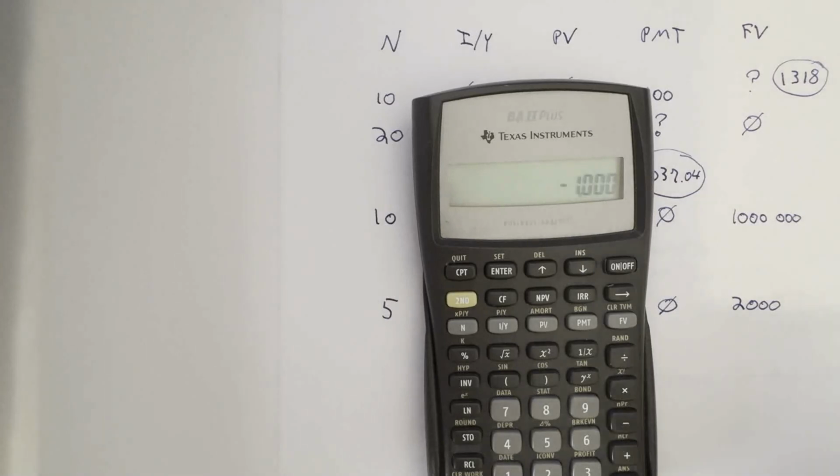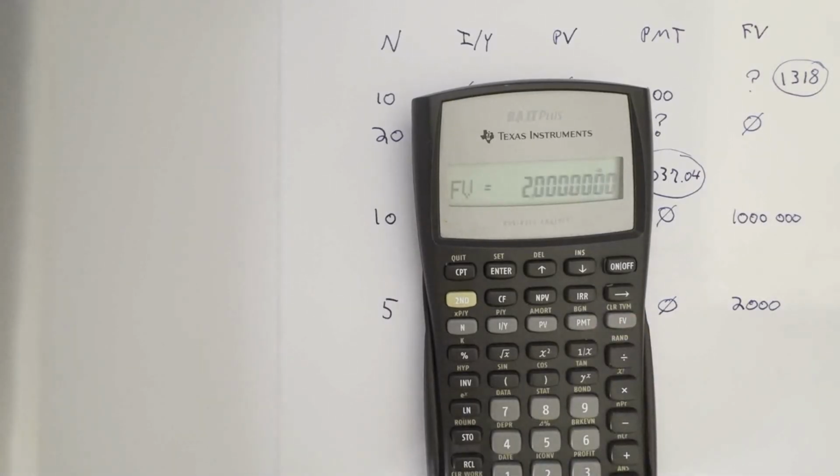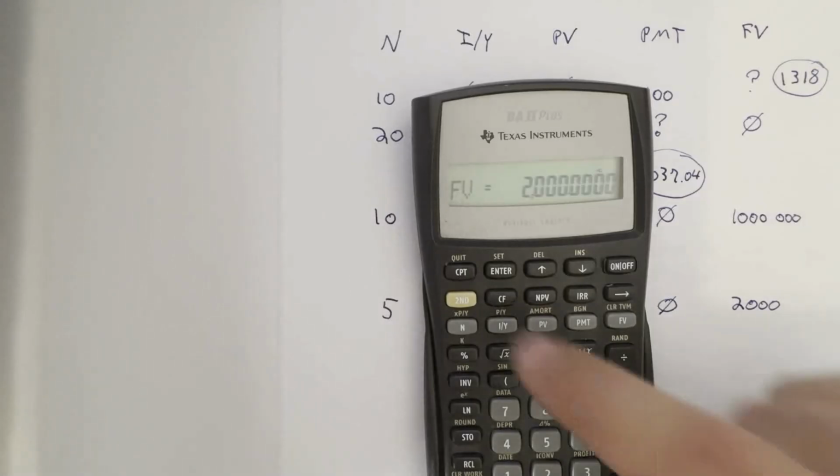to find out our $1,000 negative. It's money out of our pocket. We're saving it. That's the present value. 0 payments. No money is in or out in the next 5 years. 2,000 is the future value. So we start with 1,000. We end with 2,000. What rate of return do we need to obtain for our money to double in the next 5 years?